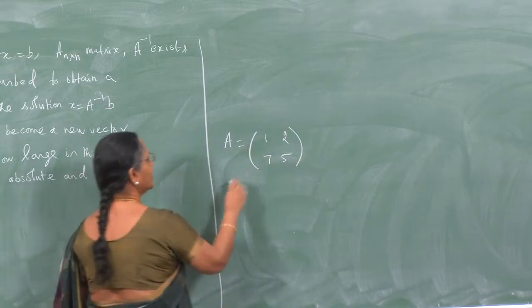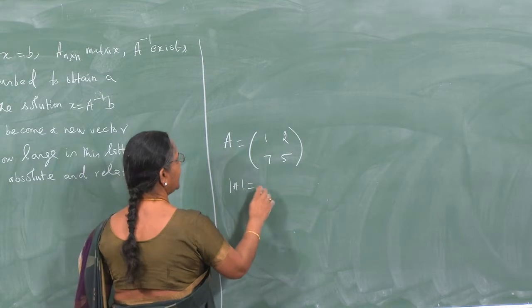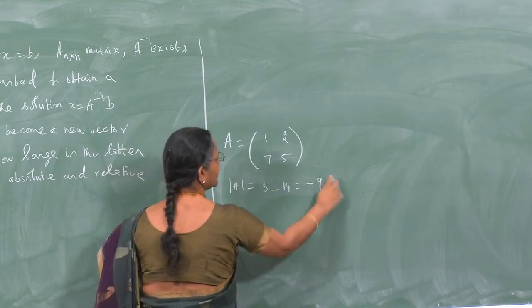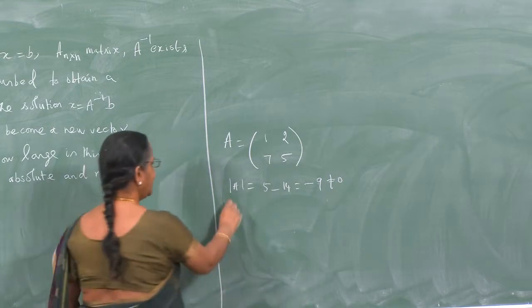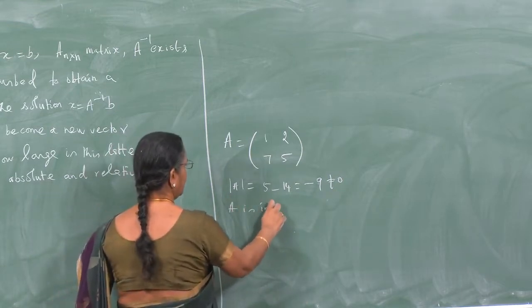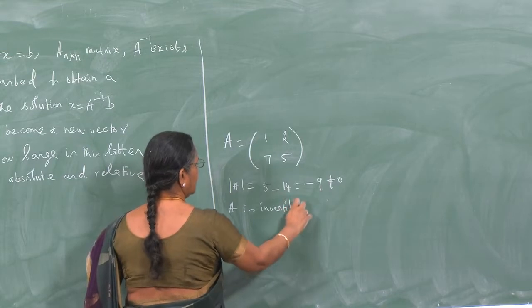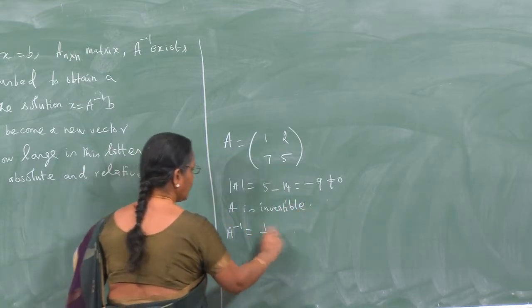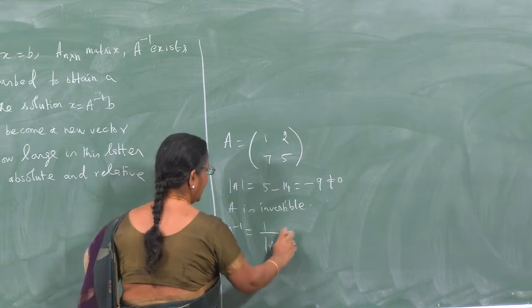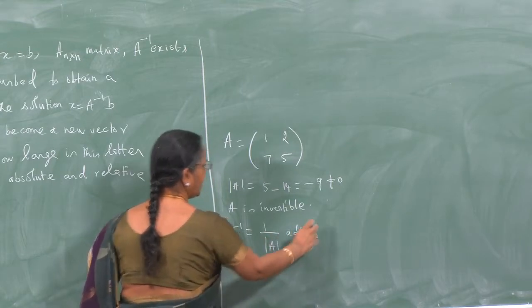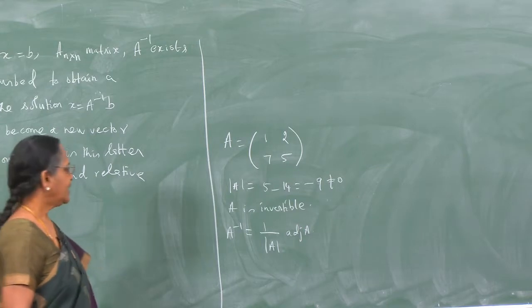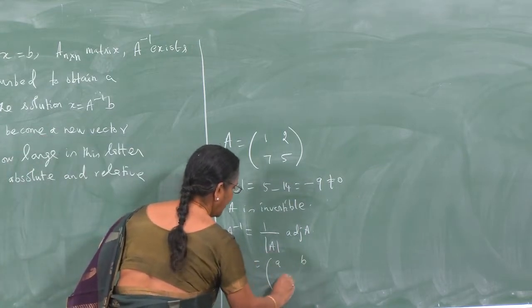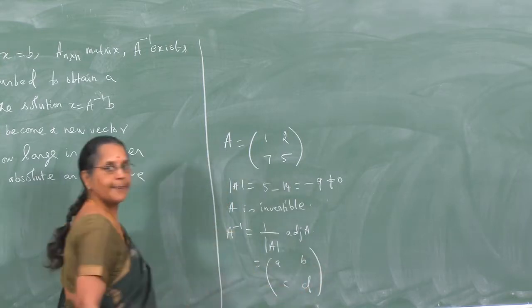This matrix is non-singular, since determinant A is going to be 5 minus 14, that is minus 9. So, A is invertible, and I compute A inverse, which is 1 by determinant of A into adjoint of A. And suppose I get the inverse matrix to be a, b, c, d.